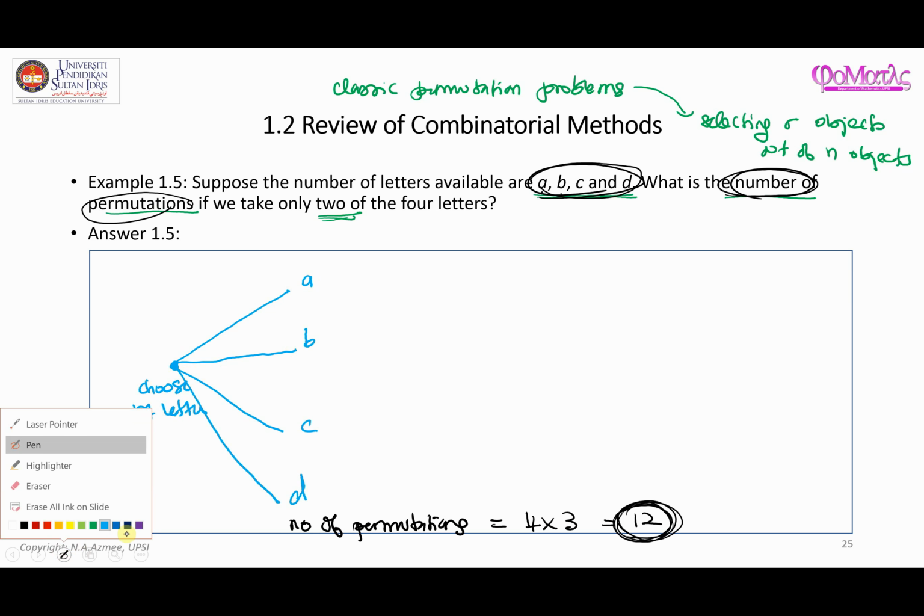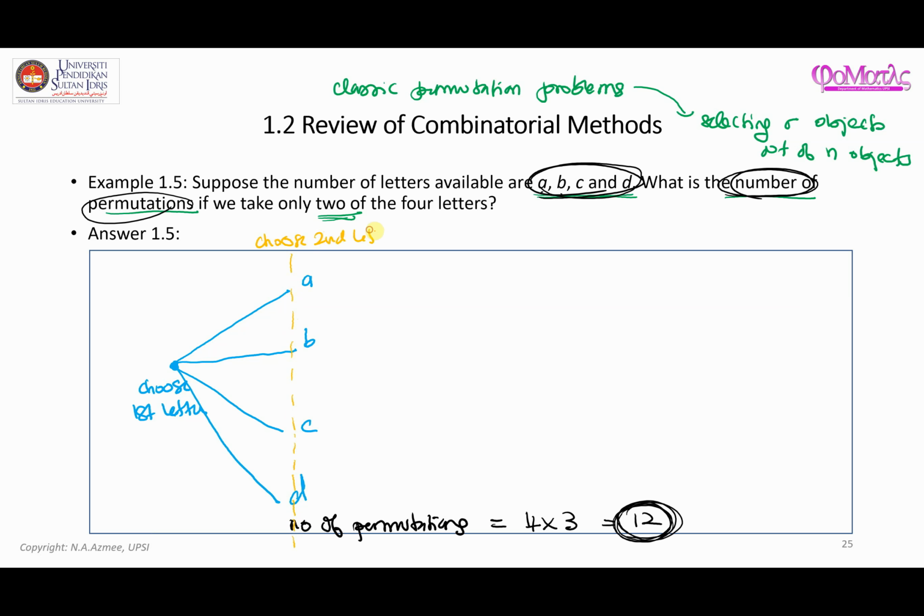Next, once you have arrived at this junction here, now we have arrived at the second stage of choosing the second letter. If you have already chosen A in the first stage here, you can only choose B, C, and D. If you have already chosen B, that means you only have A, C, and D as your possible options.